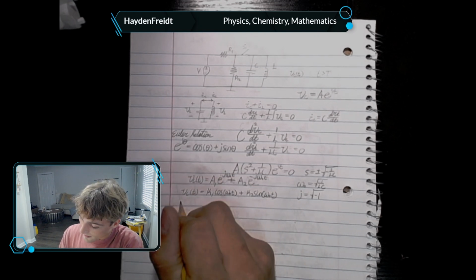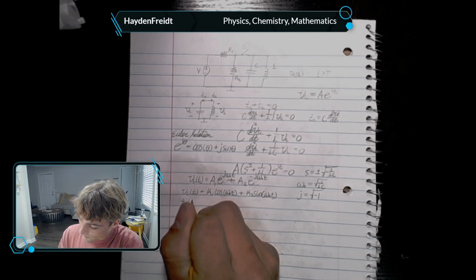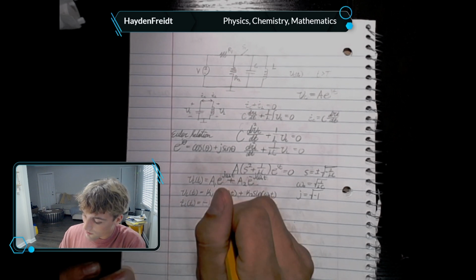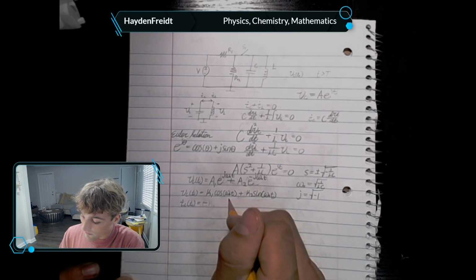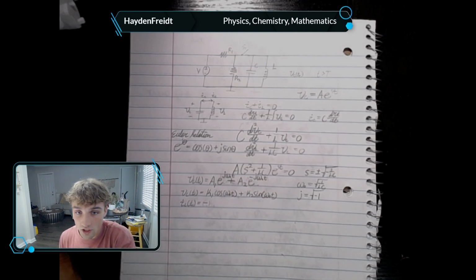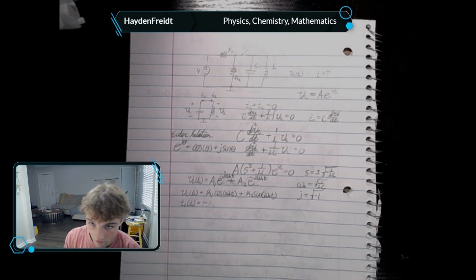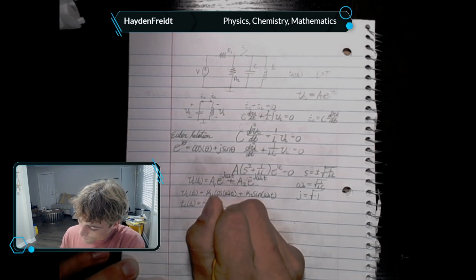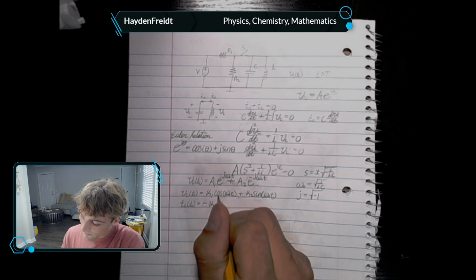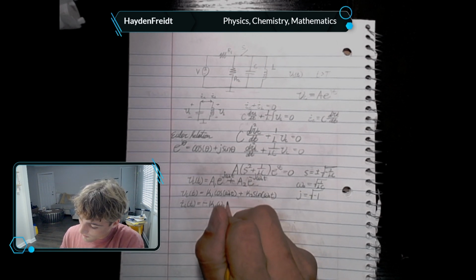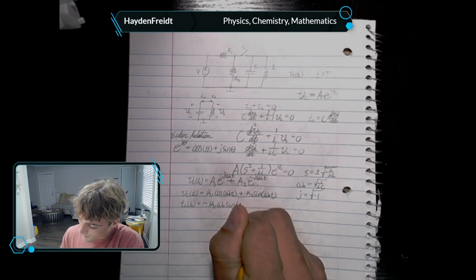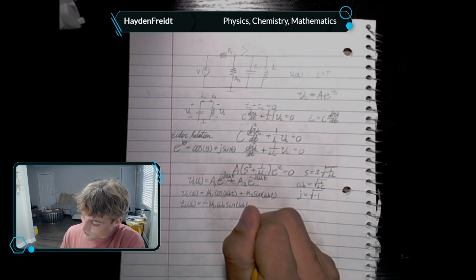So we can say that IC of t equals C times, as the derivative of cosine is negative sine, implicit differentiation: the derivative of the inside function multiplied by the derivative of the outside function. k1 times omega naught, the derivative of cosine is negative sine, and then everything in the function stays the same.